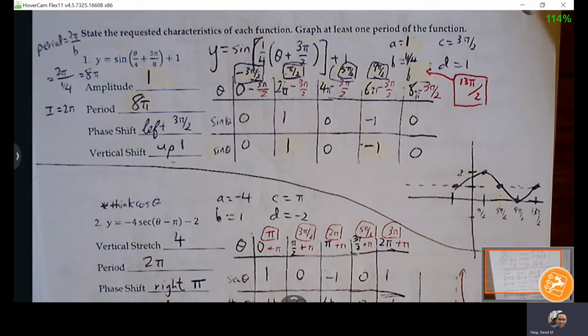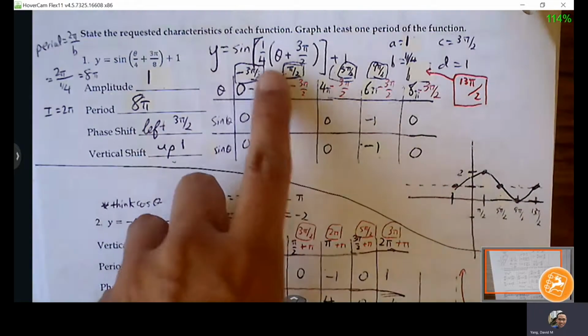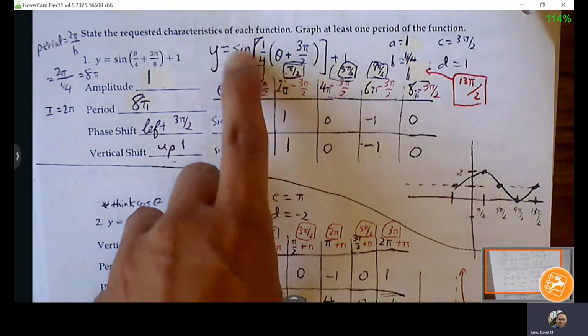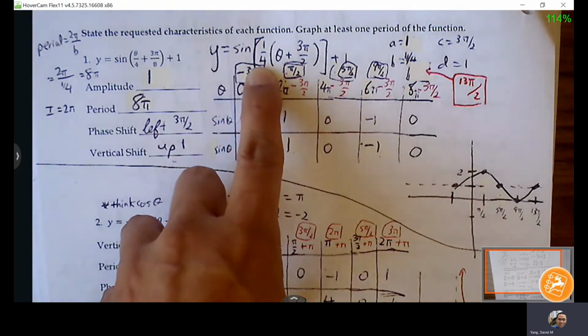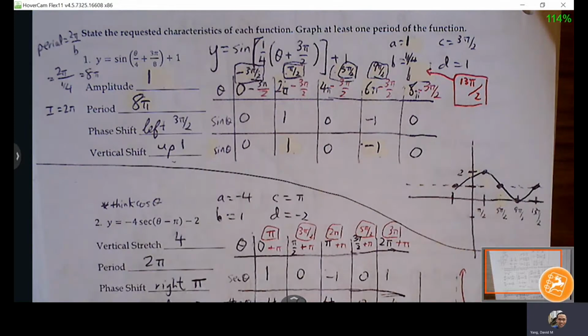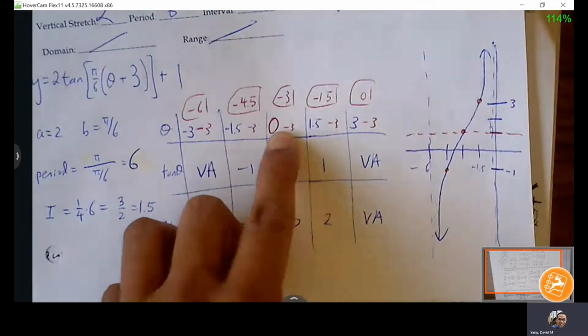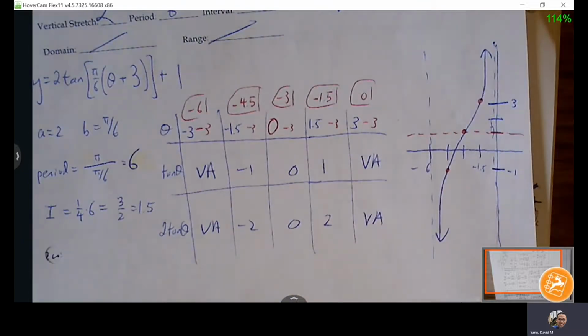A couple of things I want to point out from the quizzes that you just took. One big thing that I saw was students lost points just not factoring that B out, and so that ended up throwing off a lot of students' answers. Another big thing that I noticed from last Friday's quiz was tangent. You guys are pretty good about knowing that tangent starts in the middle of your table, right? That's 0.